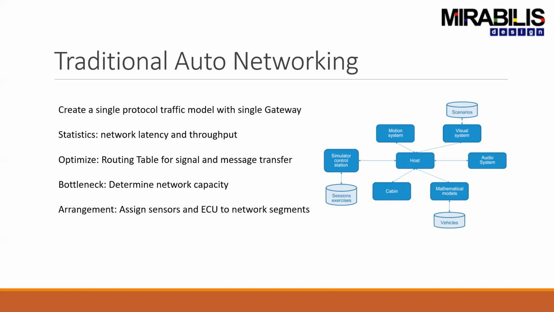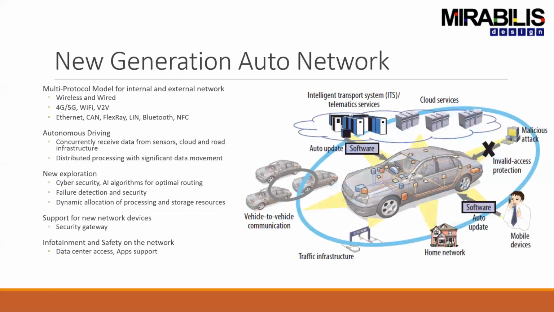And the routing table is configured to ensure that there was deterministic time between all the transfers of either signals or messages. And to be able to find the network bottlenecks, where do I need to increase capacity? Where do I need to reduce the number of sensors, things like that. So that was your traditional auto networking analysis and simulation.